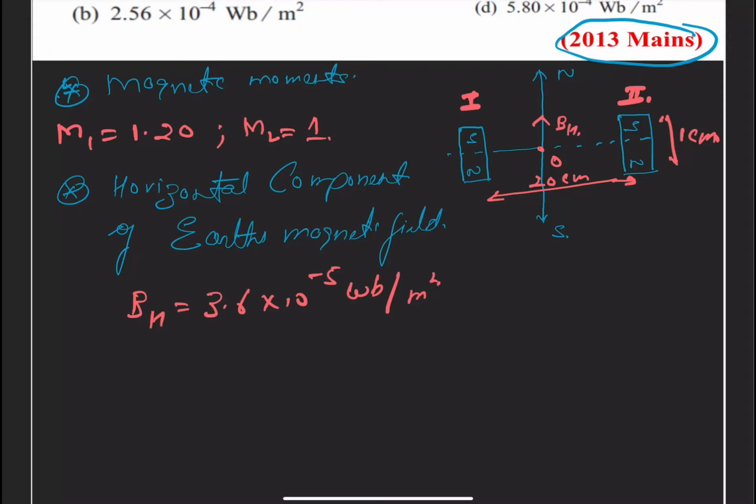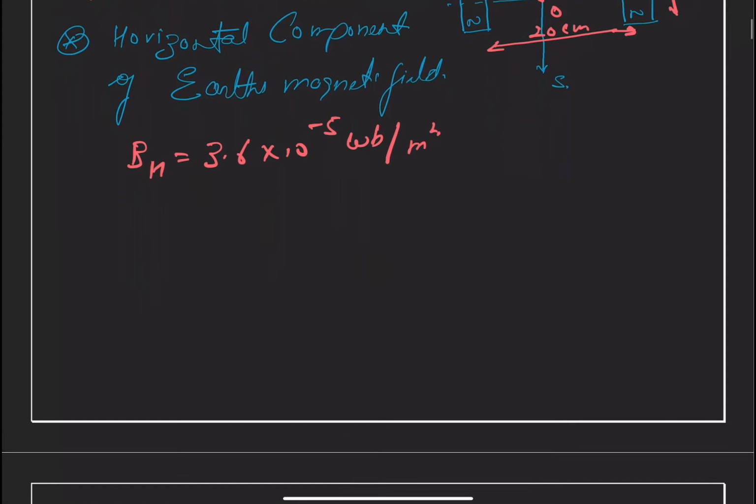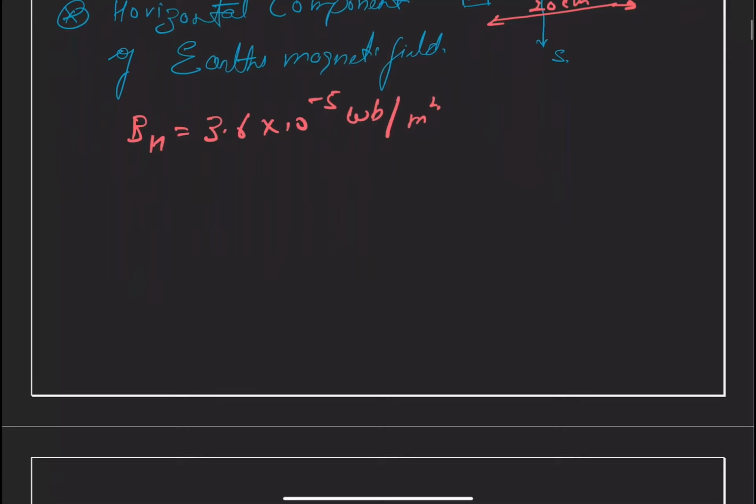So first of all, let's find out what will be the magnetic field on the equatorial line. Okay, let's write the formula.